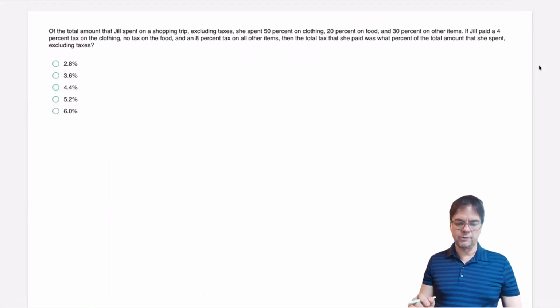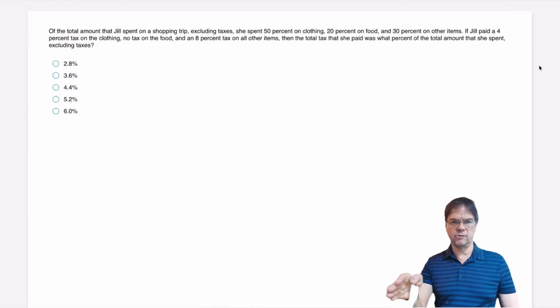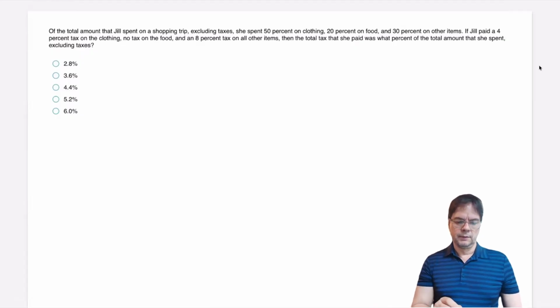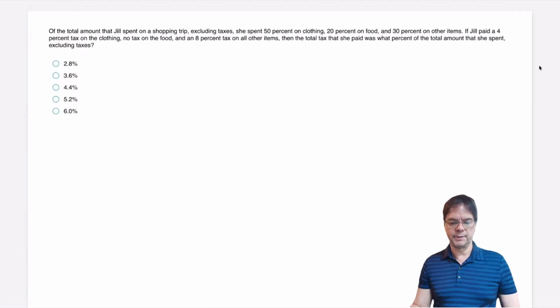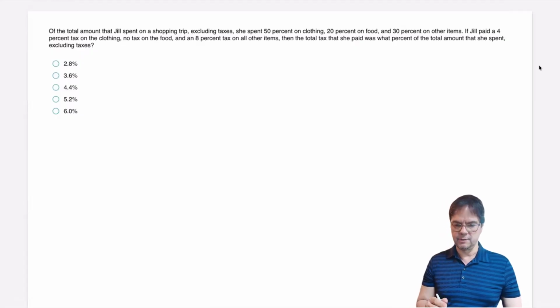Of the total amount that Jill spent on a shopping trip, okay, pause, 2 minutes. If you're in the beginning, go for 3 minutes. Of the total amount that Jill spent on a shopping trip, including taxes, she spent 50% on clothing, 20% on food, and 30% on other items.